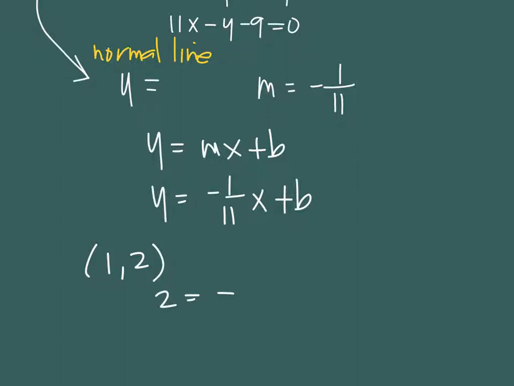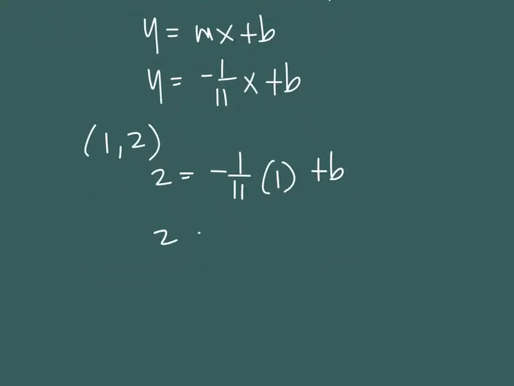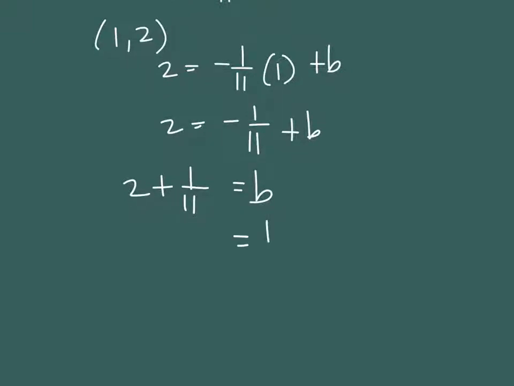2 is negative 1 over 11 times 1 plus b. So 2 is negative 1 over 11 plus b. b is equal to 2 plus 1 over 11. And how do you add these two easily? Think of 2 as 22 over 11.